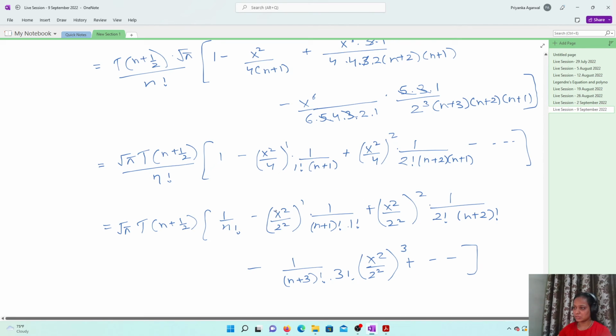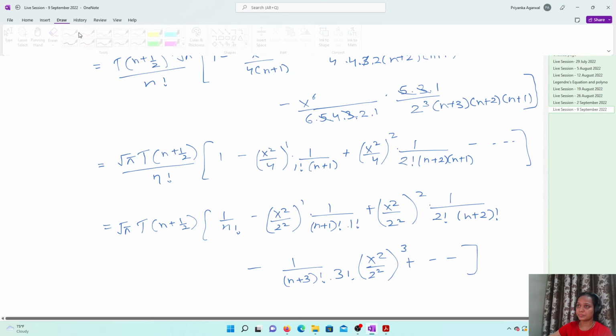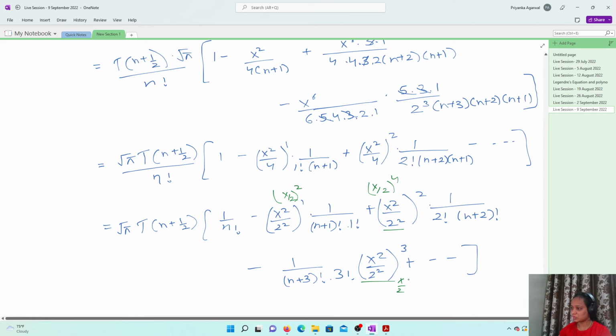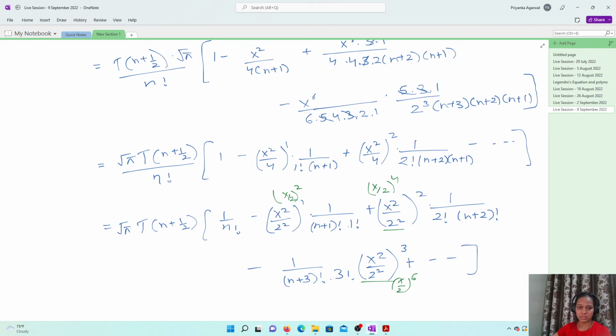Now we can write this as x by 2 to the power 2, this term is x by 2 to the power 4, this is x by 2 to the power 6 and like this.